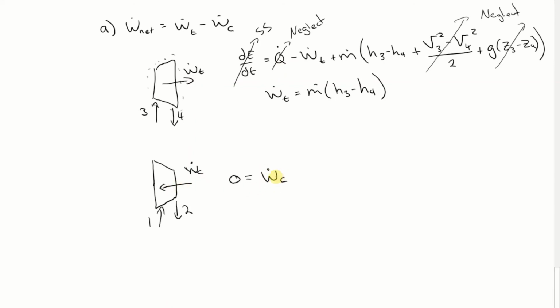We're going to make the same assumptions about potential energy and kinetic energy, and so this will simply be h1 minus h2, which simplifies down. We're going to flip the order of this just to eat up the negative that would have appeared here if we hadn't done that.